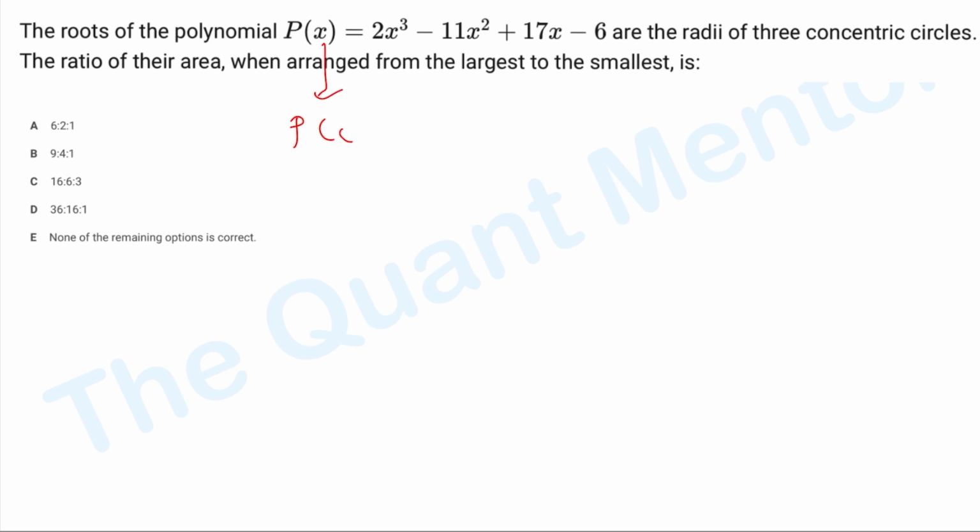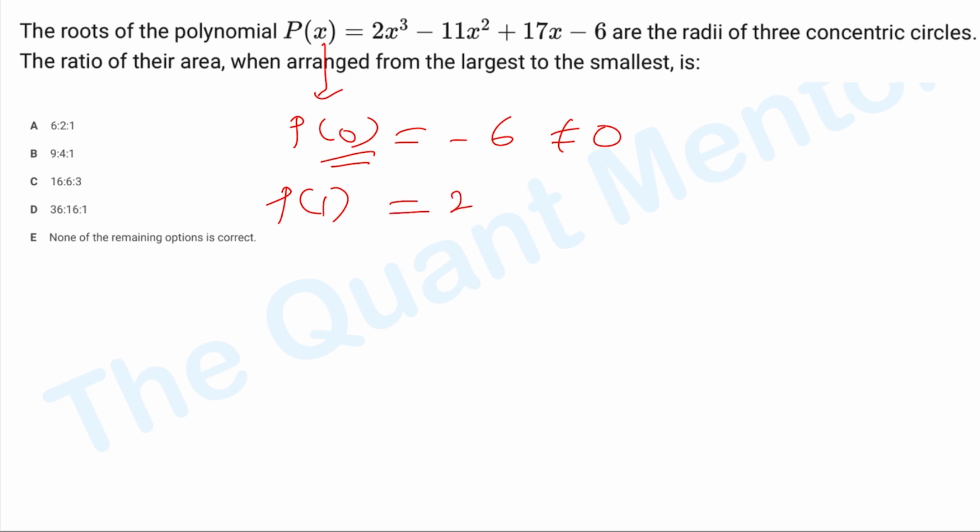We'll be getting p of 0 as 2 into 0 cube, that's 0, minus 11 into 0 square, that's 0, plus 17 into 0 is again 0, minus 6 is minus 6. Since p of 0 is not equal to 0, it is minus 6. x is equal to 0 is not a root of the given polynomial. Let's try by putting x is equal to 1 and finding out p of 1.